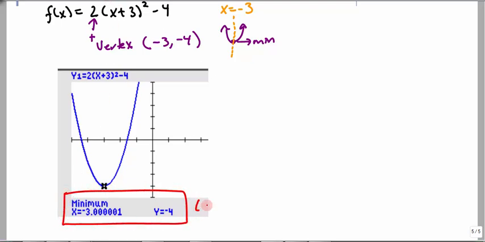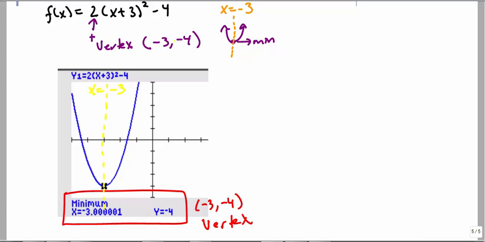So that's vertex at -3, -4. Our axis of symmetry splits this right in the middle. So that's x equals -3. It's whatever our x value is for my vertex. And so I think I've answered a lot of the questions here. It says, find the axis of symmetry, and it says, use the axis of symmetry to find a second point on the parabola whose y-coordinate is the same as the given point.